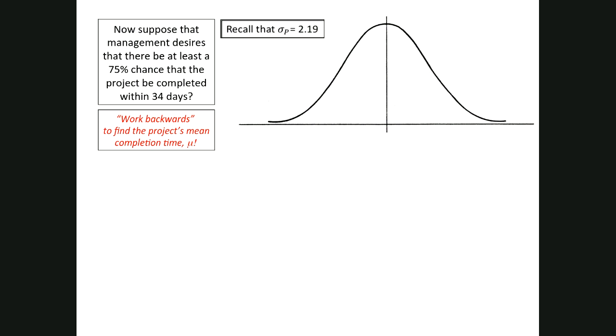So what we're trying to find in this case is the mean, so that the mean in relation to our X value results in a probability of completion of at least 75%.